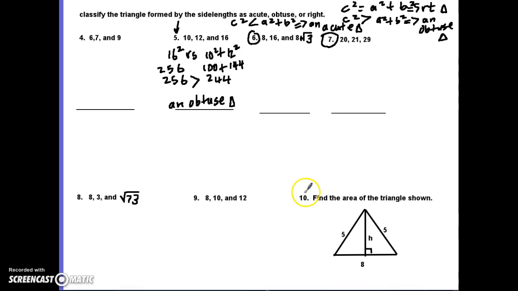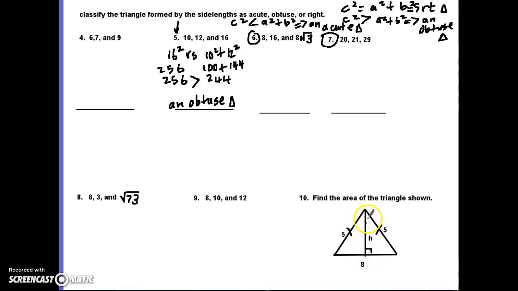Finally, on this review, I'd like to do number 10, where it says find the area of the triangle shown. We see a triangle where two sides are the same length, so this would be an isosceles triangle.